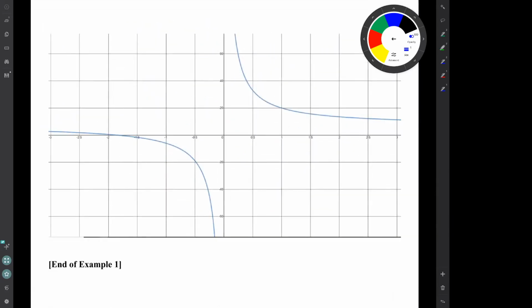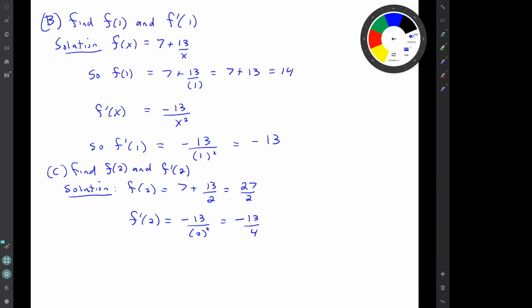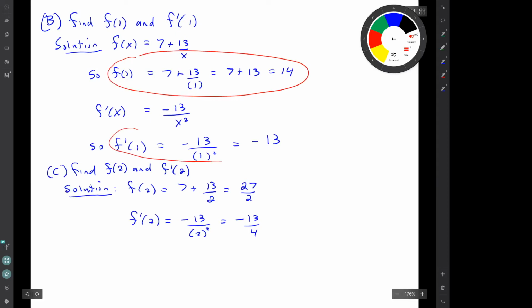So there's a given graph of f of x equals 7 plus 13 over x. So we need to illustrate our results. Well, let's go back and review our results. In part B, we found that f of 1 is 14 and f prime of 1 equals minus 13.